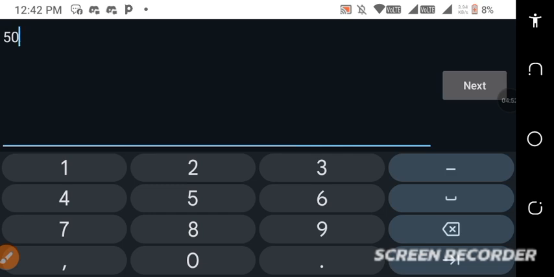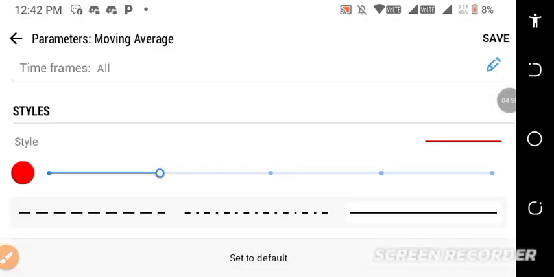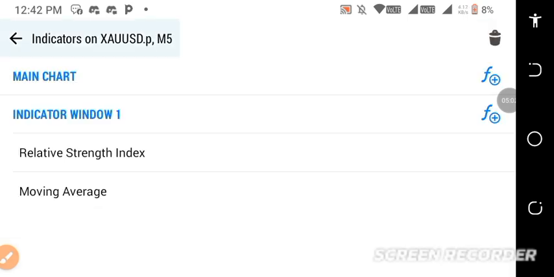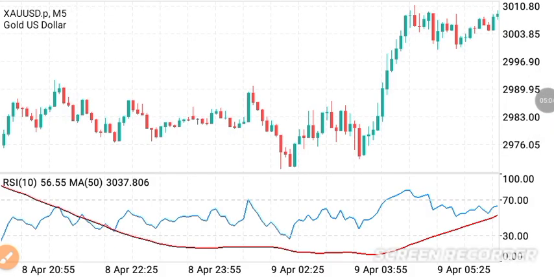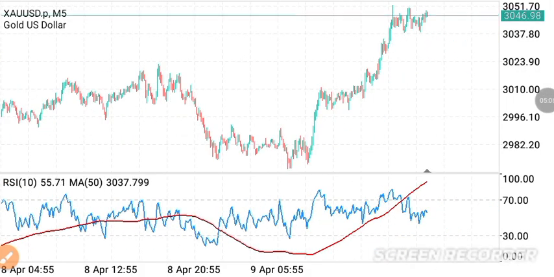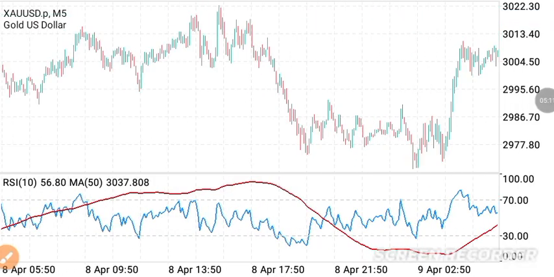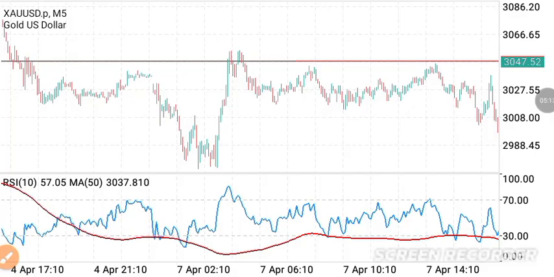So if we go back to our indicator in our trading platform, that is the trading terminal where the indicators are, you can see it's very messy. It's lagging. When you move the market, it's going up and down. So we are going to fix this so that it will not lag.